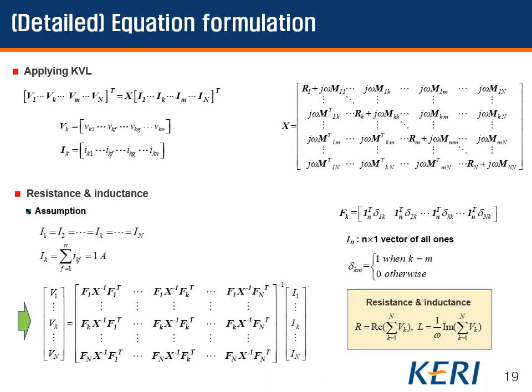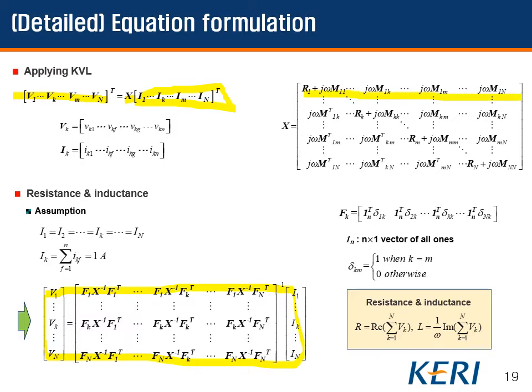This slide shows a detailed explanation of the calculation. As you can see, there is a voltage matrix, an impedance matrix, and a current matrix. And then the whole matrix can be expressed as follows. Here, X is the impedance matrix. The impedance matrix can be expressed as follows.